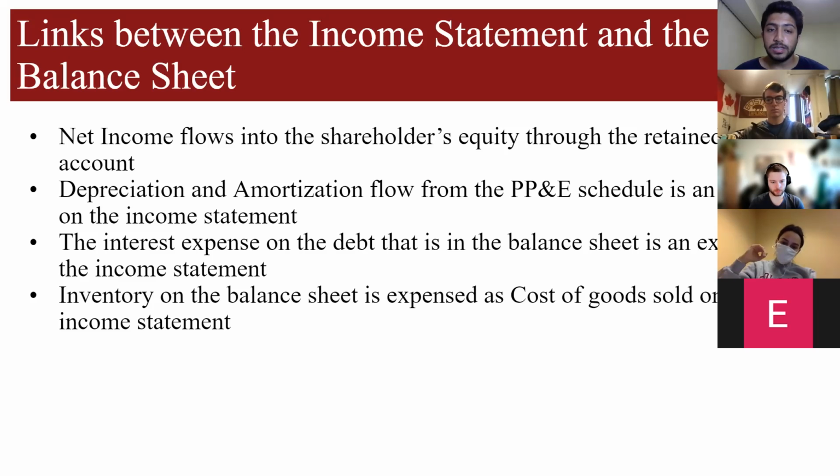And then the balance sheet. A very important thing to know about the balance sheet is that it balances. So there's the equation, which is assets equal liabilities plus shareholders' equity. A better way to look at the accounting equation is assets minus liabilities equal shareholders' equity. Assets is what you own, and liabilities is what you owe.